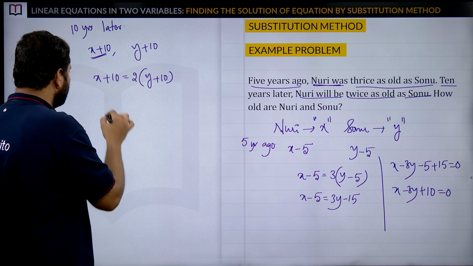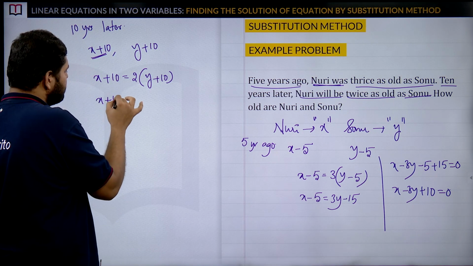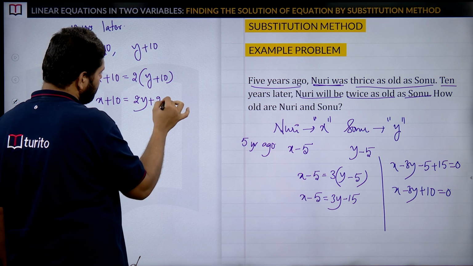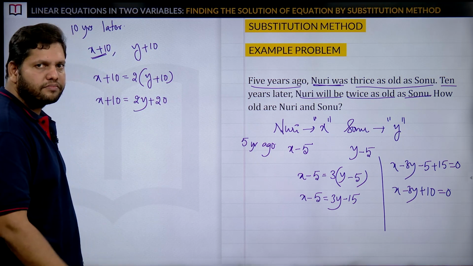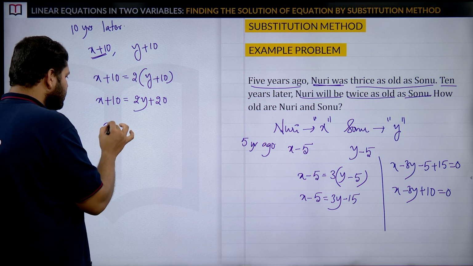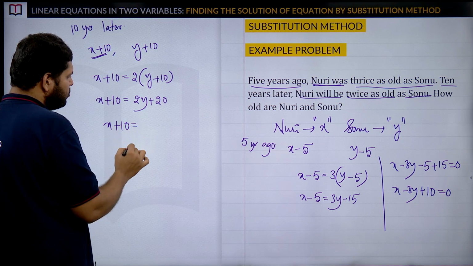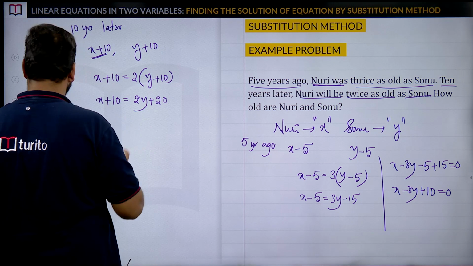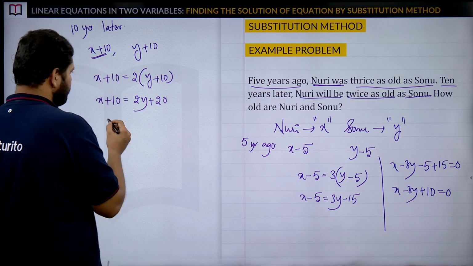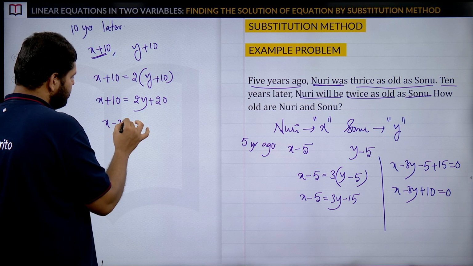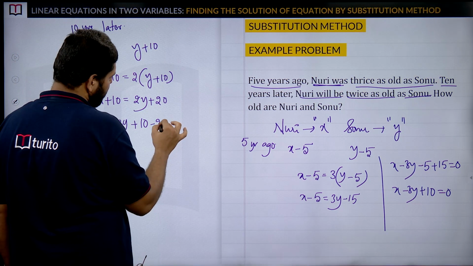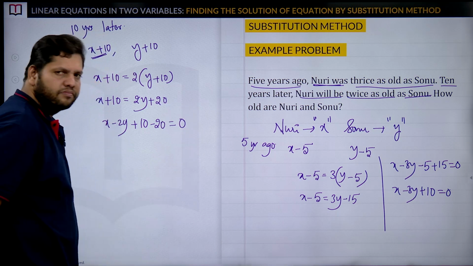Twice. So X plus 10, multiply 2 inside, 2Y plus 20. Okay, we'll do one thing. Bring everything to one side, children. So this is X minus 2Y plus 10 minus 20 equal to 0.